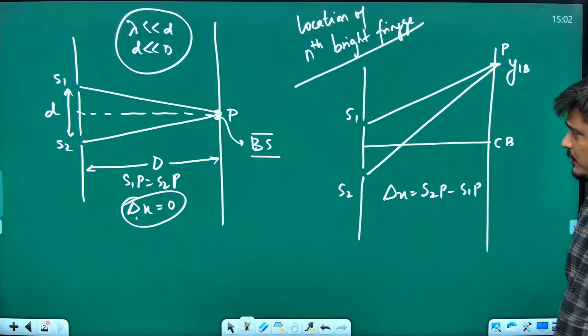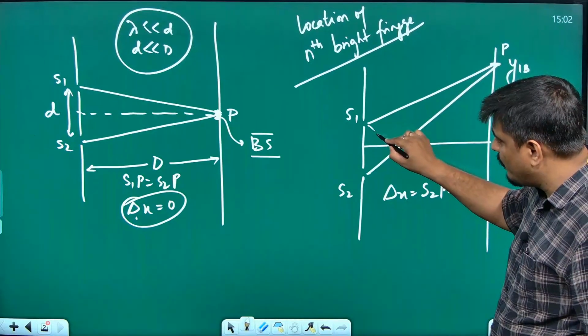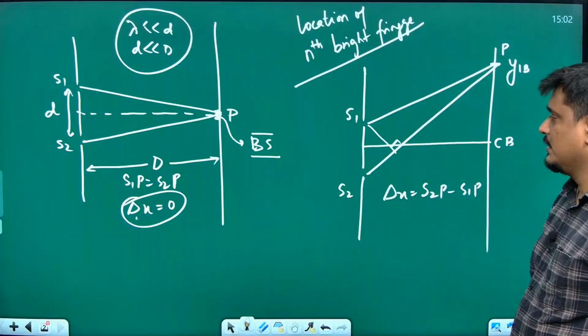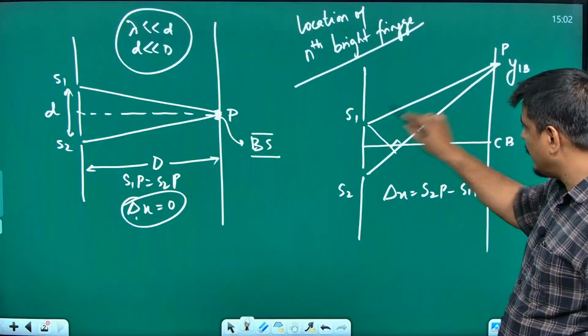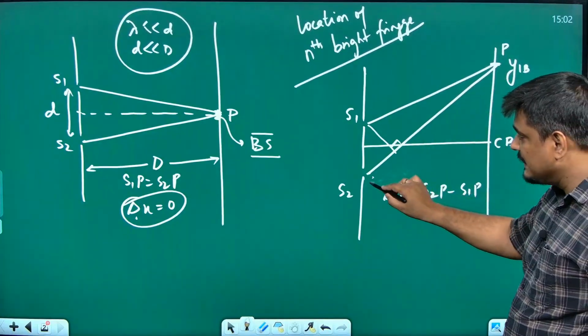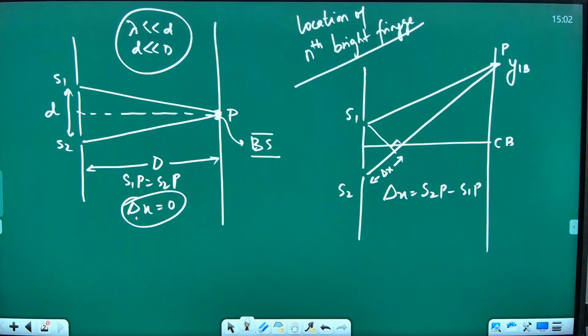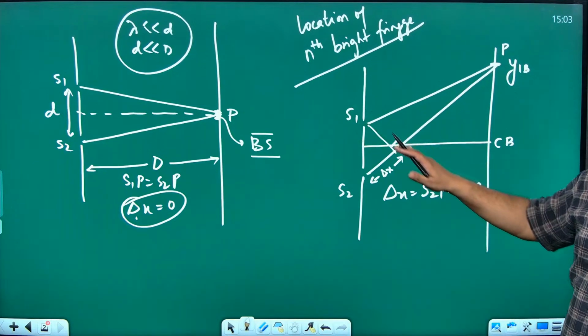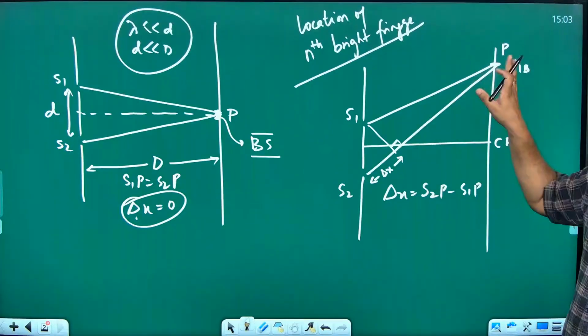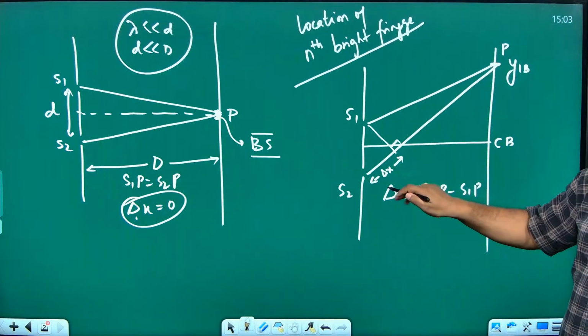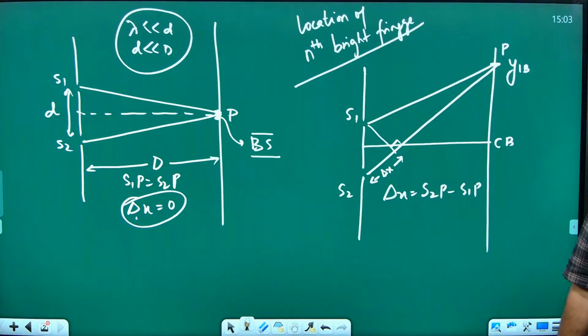To find that value, I drop a perpendicular from S1. Now this line and this line are almost the same, so this difference becomes delta x.